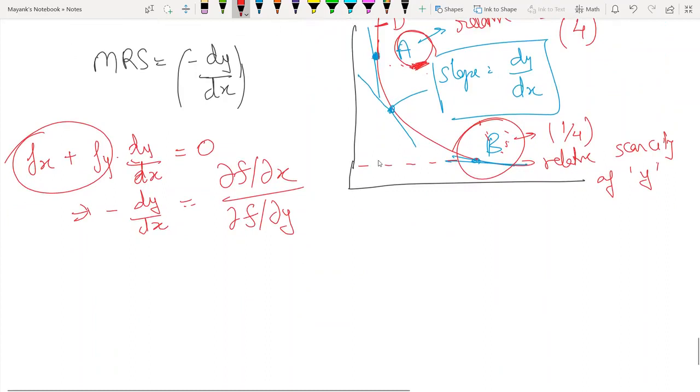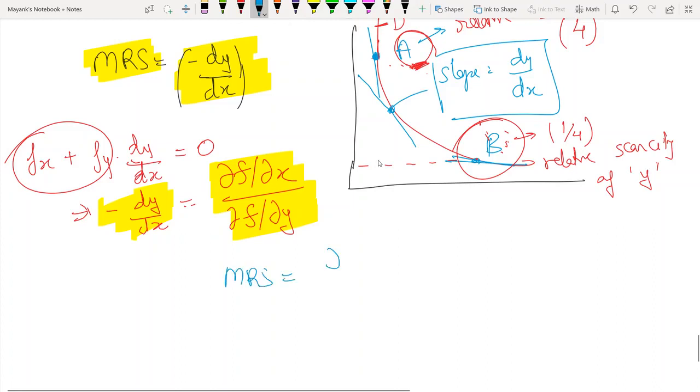Okay. Now when I compare these two formulae, MRS equals minus dy by dx and minus dy by dx equals del f by del x upon del f by del y, I can finally report that MRS is equal to del f by del x upon del f by del y, where f is basically your utility function.